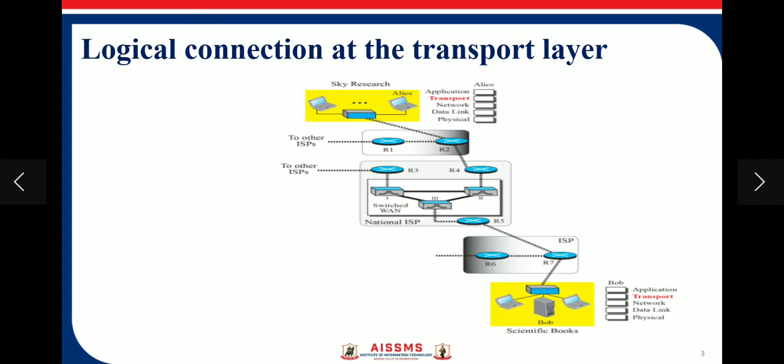The two companies communicate at the transport layer as though there is a real connection between them, as shown in the diagram. Only the two end systems use the services of the transport layer. All intermediate routers use only the first three layers.